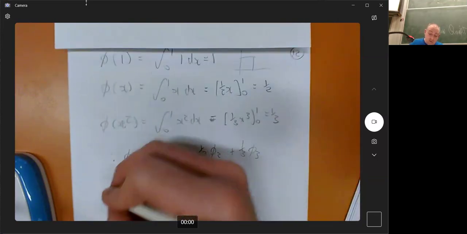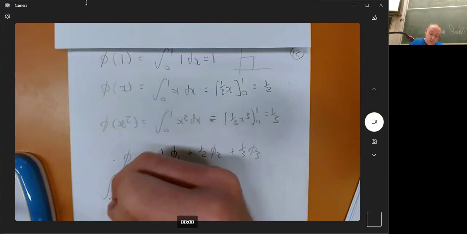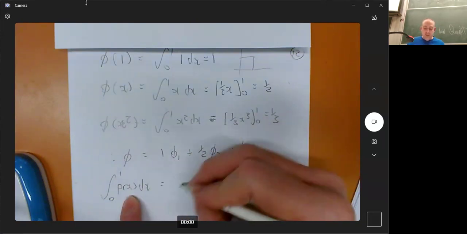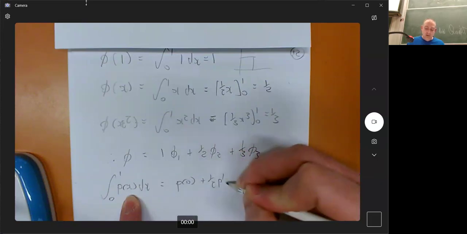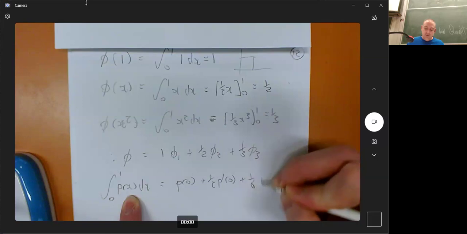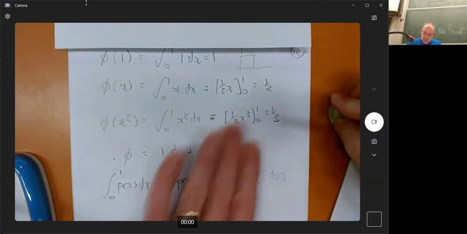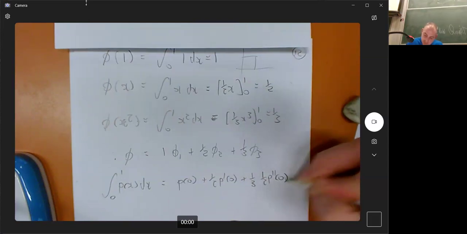And what that means is the integral of any polynomial of degree up to 2 from 0 to 1 is therefore P of 0, plus a half of P dashed of 0, plus a third times a half of P double dashed of 0.